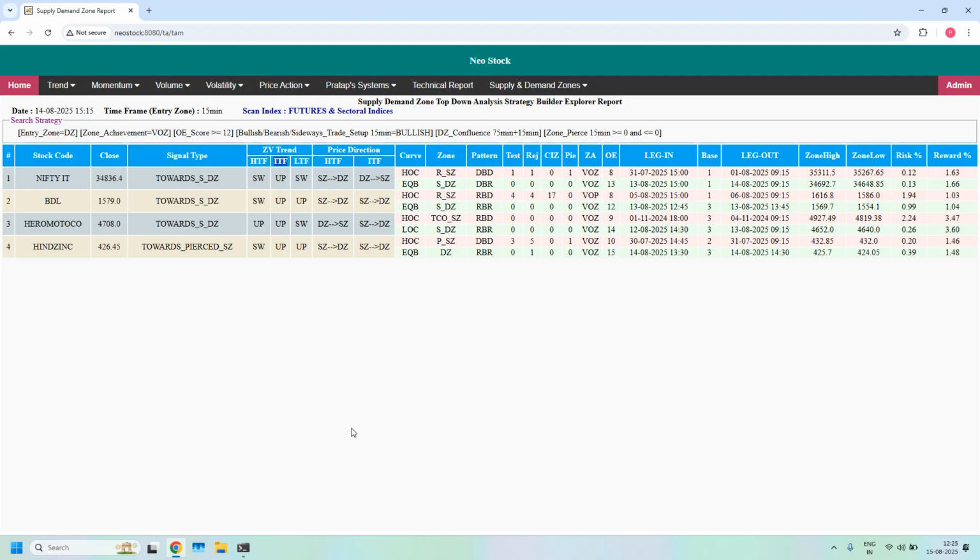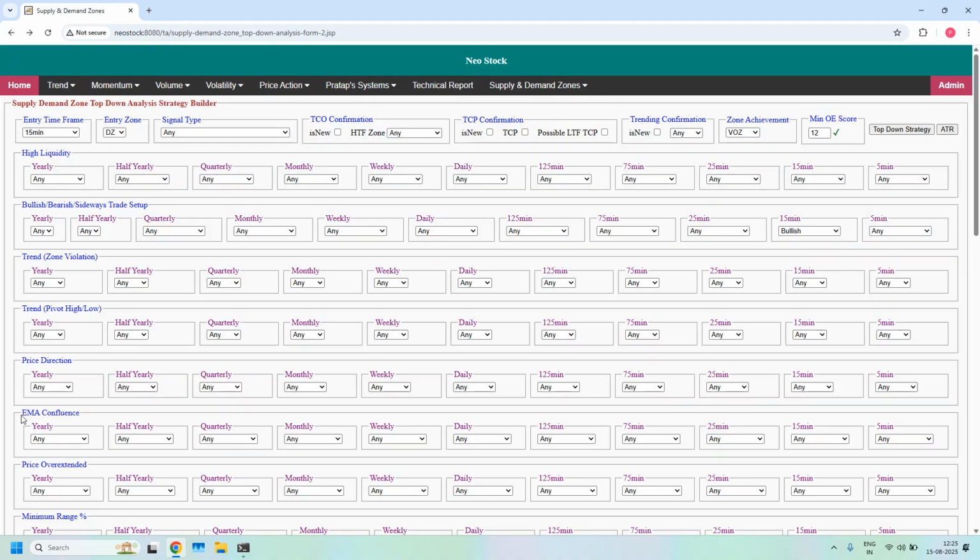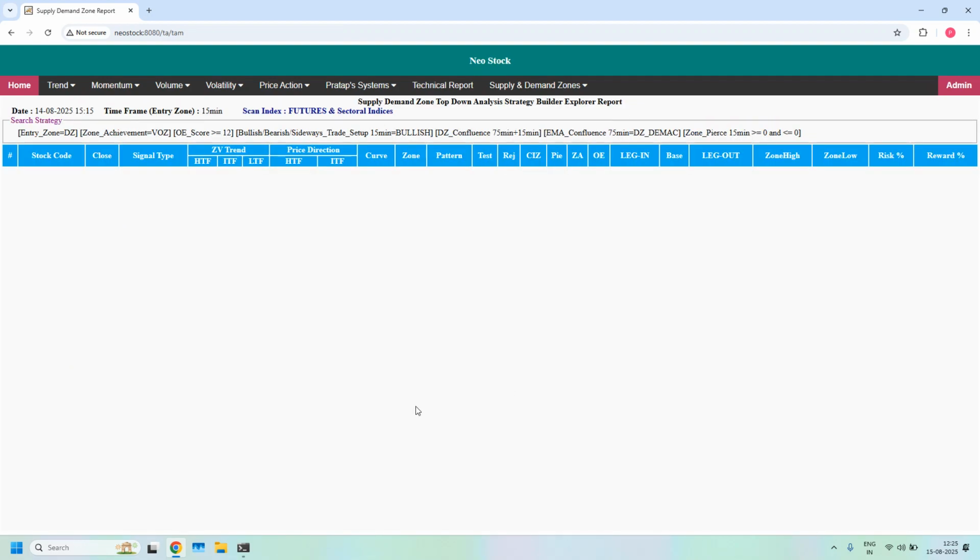We can further filter based on the 75 minutes demand zone having daily EMA confluence. So let's apply that filter on these 4 stocks. 75 minutes demand zone with daily EMA confluence filter. We did not get any stocks. We don't have any high probability trade setup zones based on this strategy.